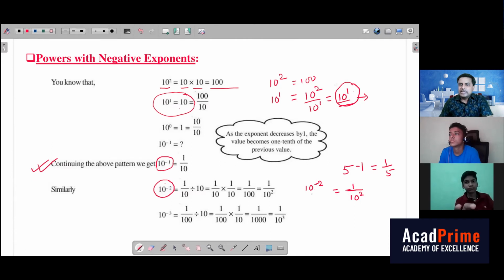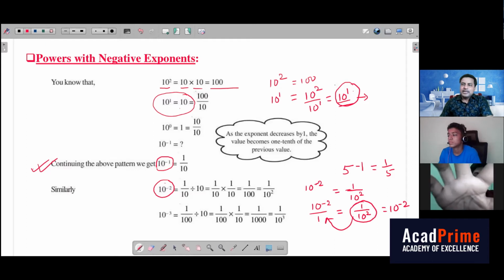Suppose it has been given like this: 10 raised to the power minus 2 divided by 1. This can be written as 1 divided by 10 raised to the power 2. And if this is your question, and you have to write it the other way, you can write it as 10 raised to the power minus 2.